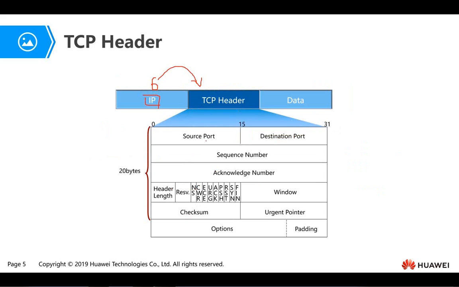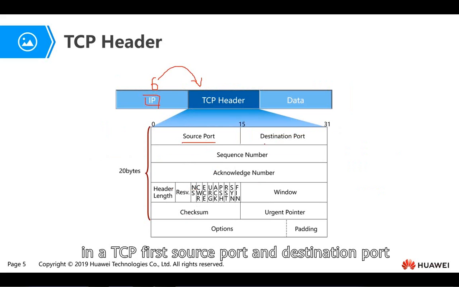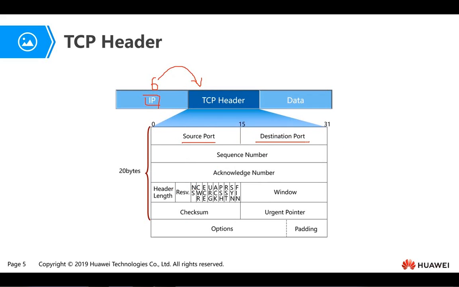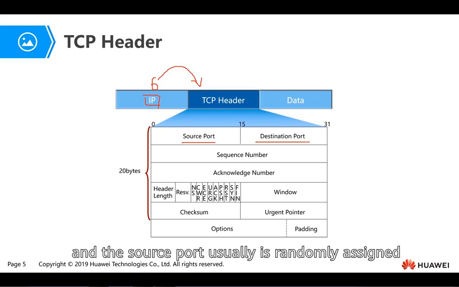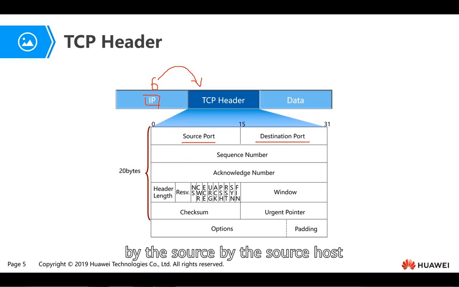Then this is the TCP header. First are the source port and destination port. We have explained that the destination port identifies which application should be accessed, and the source port is usually randomly assigned by the source host. Then this is the sequence number.